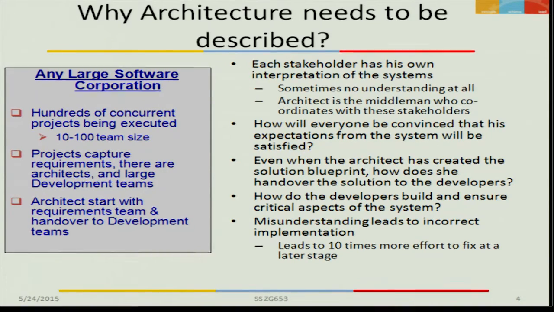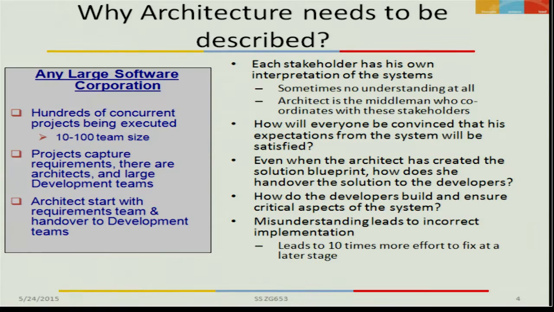Now, misunderstanding leads to incorrect implementation if these are not documented properly, and unfortunately that's the scenario even today. If these are misunderstood, it leads to incorrect implementation, and incorrect implementation means 10 times more effort to fix at a later stage, 10 to 100.